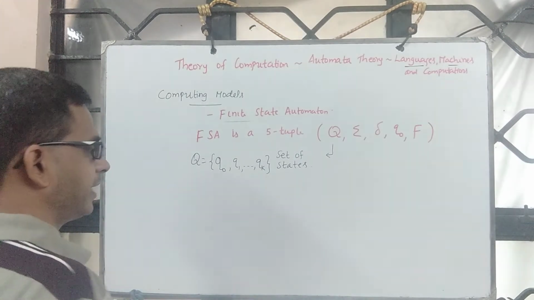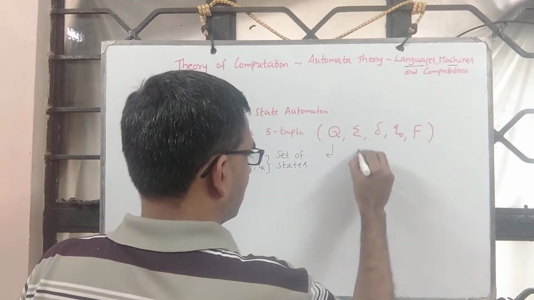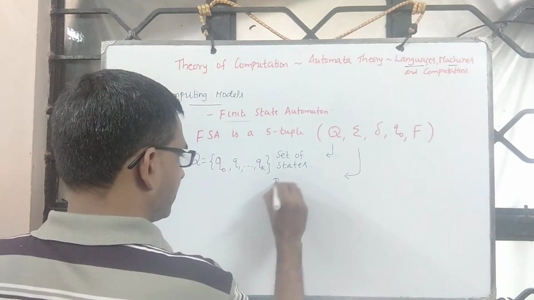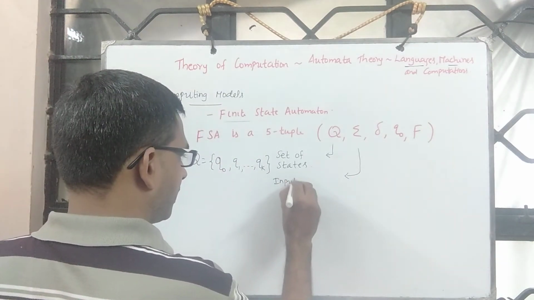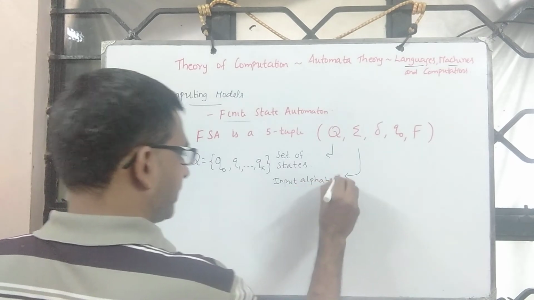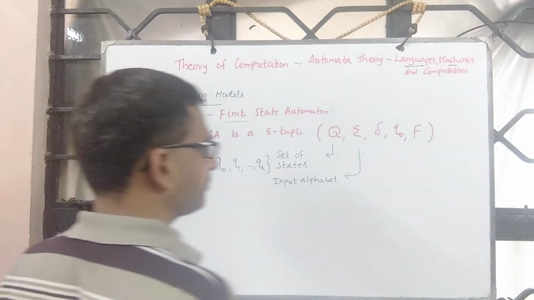It is a finite state automaton, so it has got a finite number of states. Then what is sigma? Sigma is our input alphabet. So it may contain 0, 1, A, B and so on.